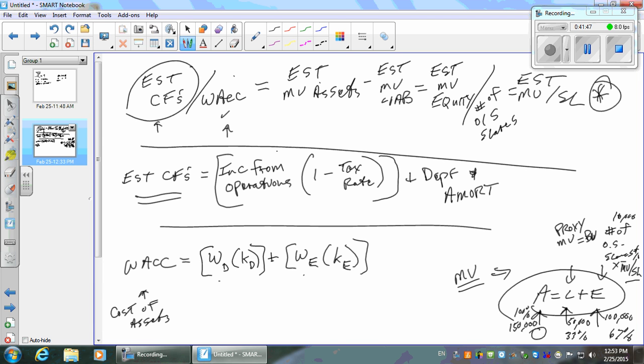So whatever percent of the market value, it's market value, not book value, the liabilities are of the total assets, that's the percent, okay? So I got 33% here in my little example, and I have 67% over here. Got the idea? Whatever it is, based on market value. Now what's the cost of the debt? What do we pay on the debt?